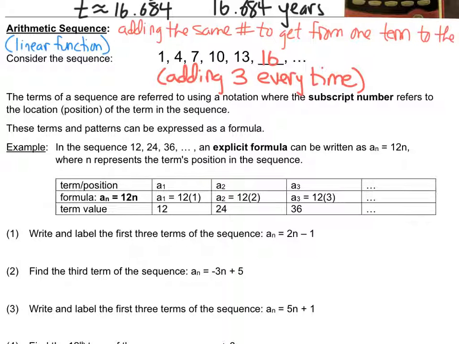Because I would prefer to write that as y equals 12x. But if you make the transition in your mind to say, okay, so what you're telling me is that the a sub n is really the y, the n is really the x, and the x is just telling me the position within the sequence. All right, I guess I can do something with that.